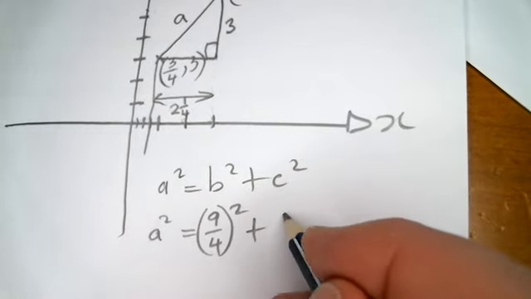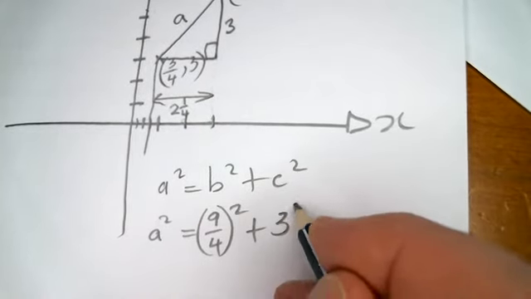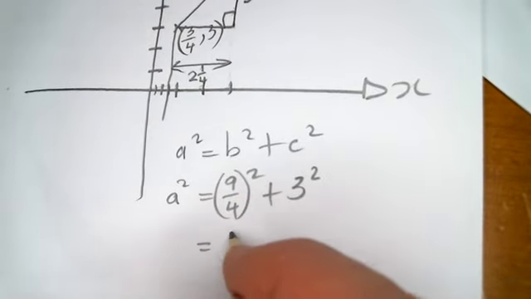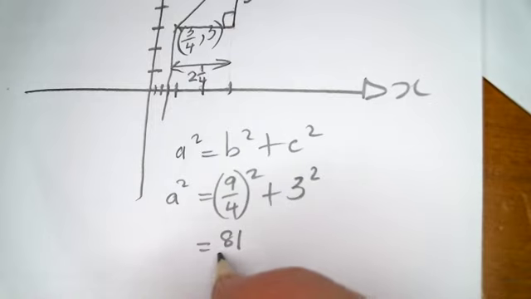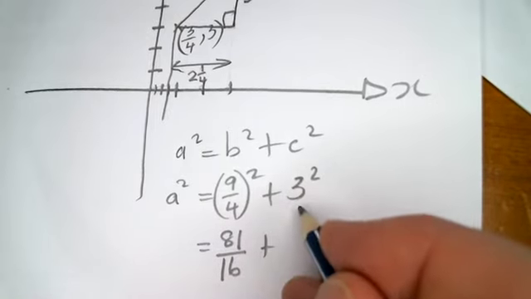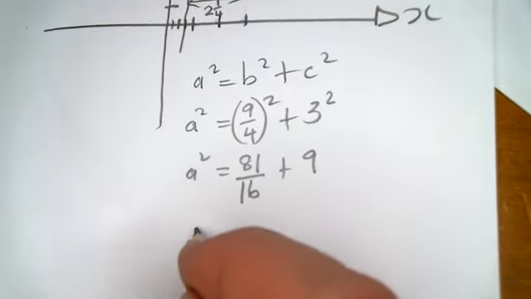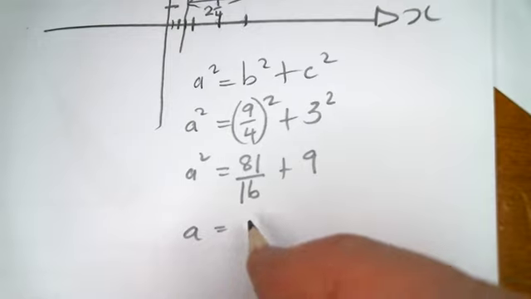Well, c squared is going to be 3 squared. So 9 squared is 81 on 4. Let's put 16 there. Plus 3 squared is going to be 9. And that's a squared. So a is going to equal the square root of all of that stuff.